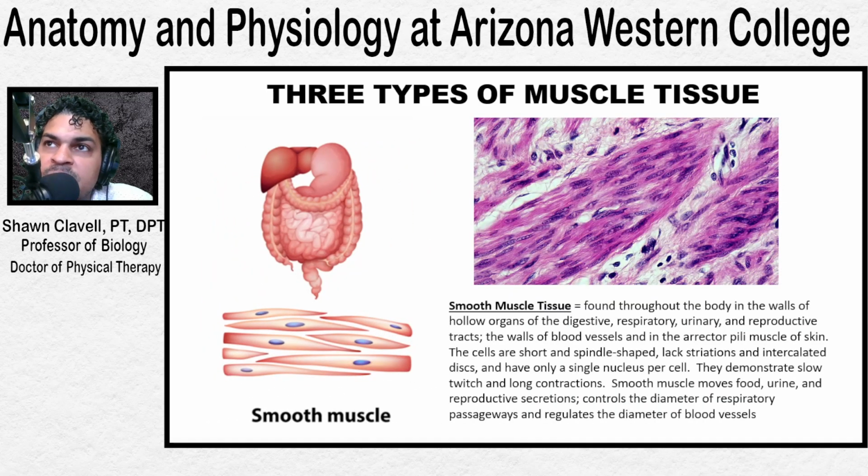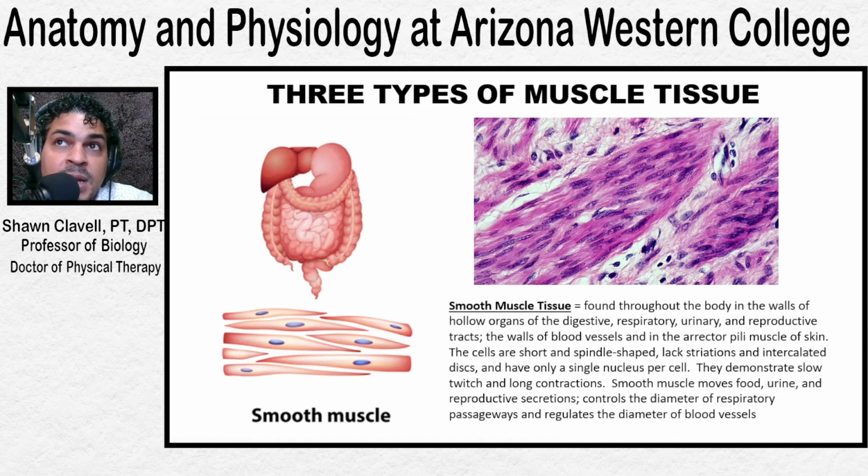And then finally, smooth muscle tissue. We looked at smooth muscle tissue with the integumentary system. Smooth muscle tissue is involuntary. It's seen in the digestive system, as identified here on the left side of your screen. It allows food to move through the digestive system in a rhythmic fashion. That's called peristalsis.